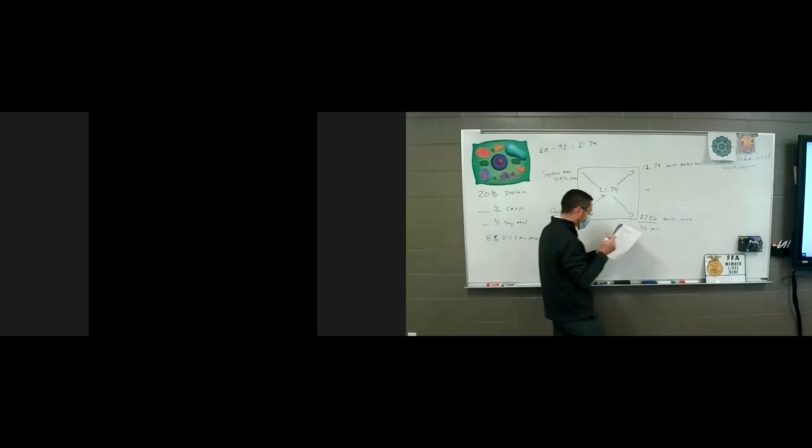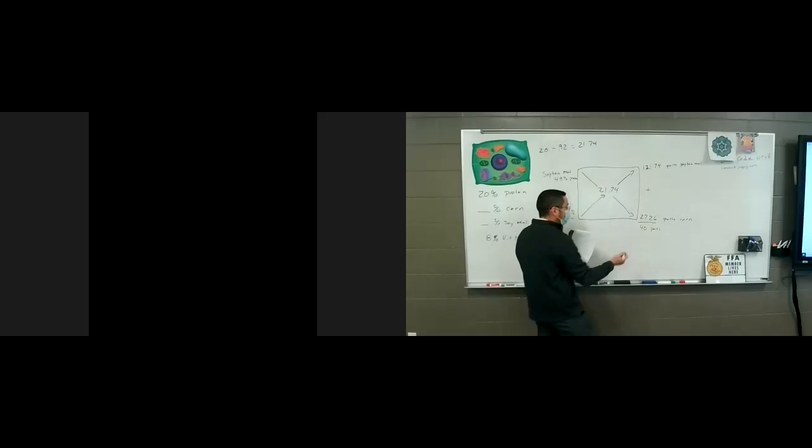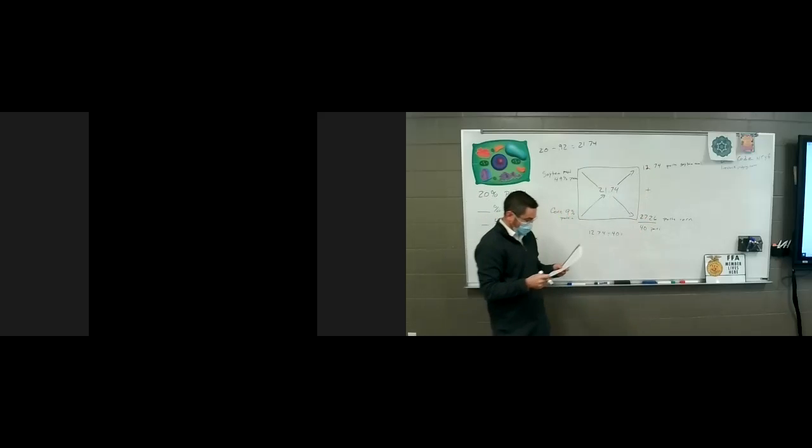So when you divide those numbers, 12.74 divided by 40 equals 31, but we need to take out our, it didn't factor back in our point.